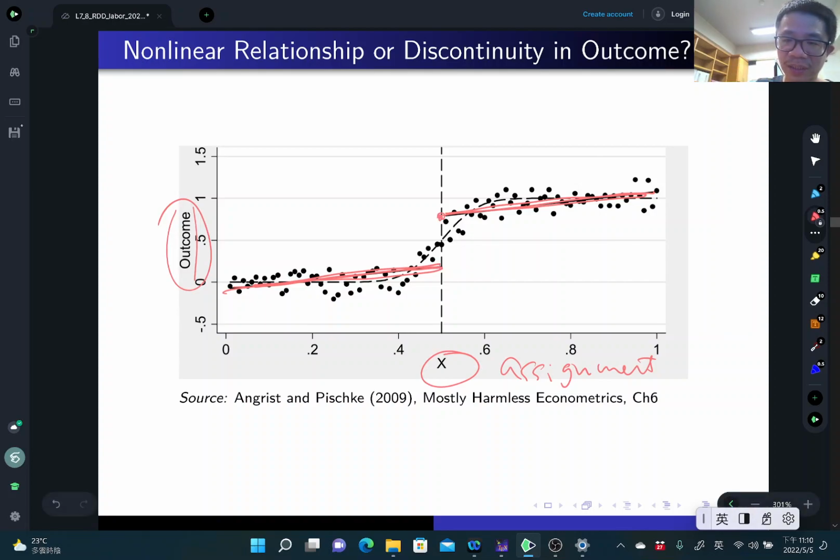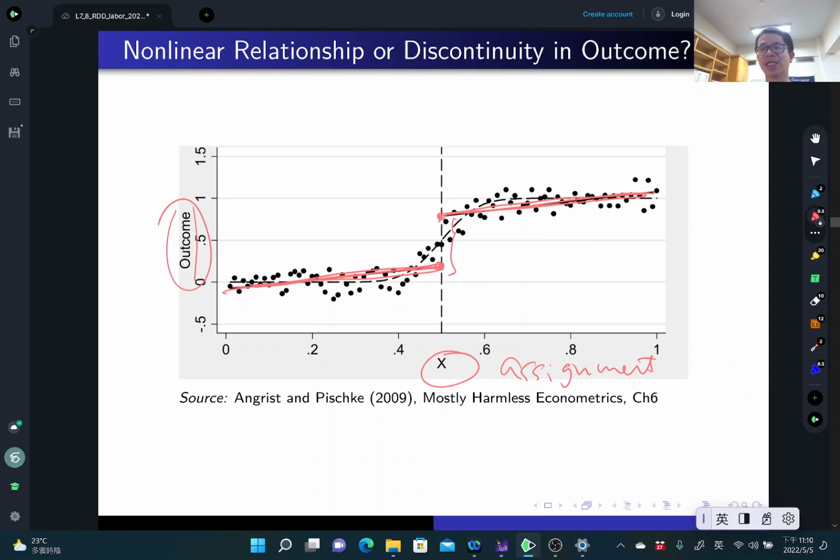That is, their intercepts at the cutoff. In that case, if you assume the relationship between the assignment variable and outcome variable is linear, you will get a very large discontinuity estimate.